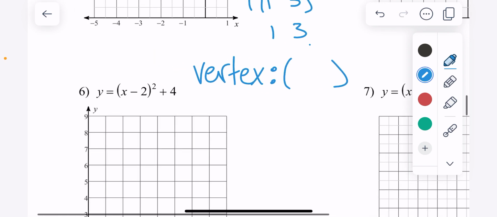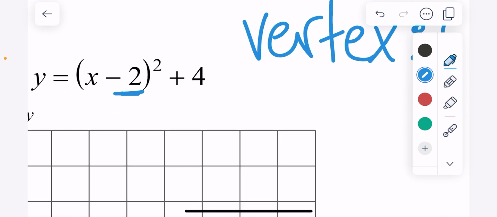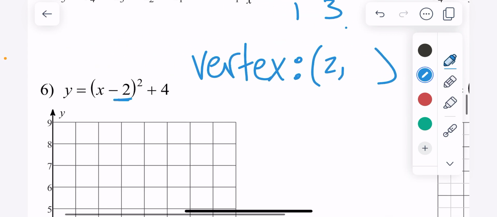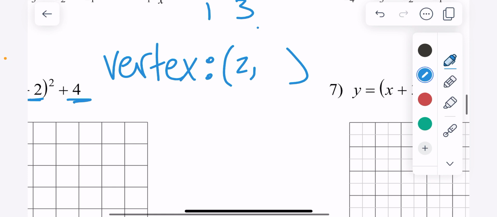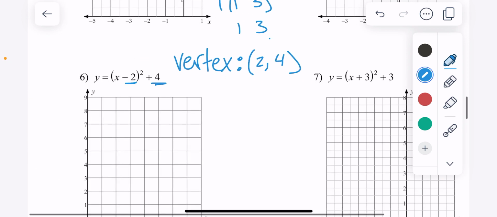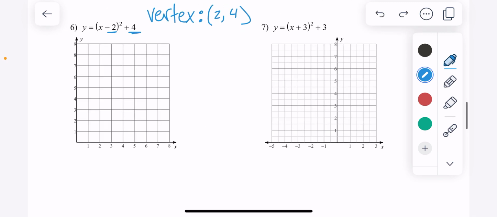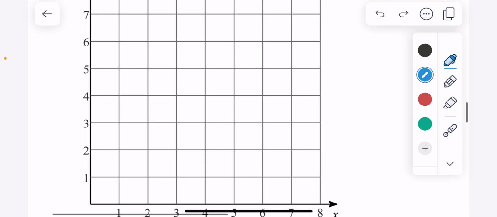Okay, we should see h is this first value, so it's the opposite of negative 2, which is positive 2, comma k is my y value, so that's just going to go in there. So my vertex is 2, 4. That's going to be my vertex.